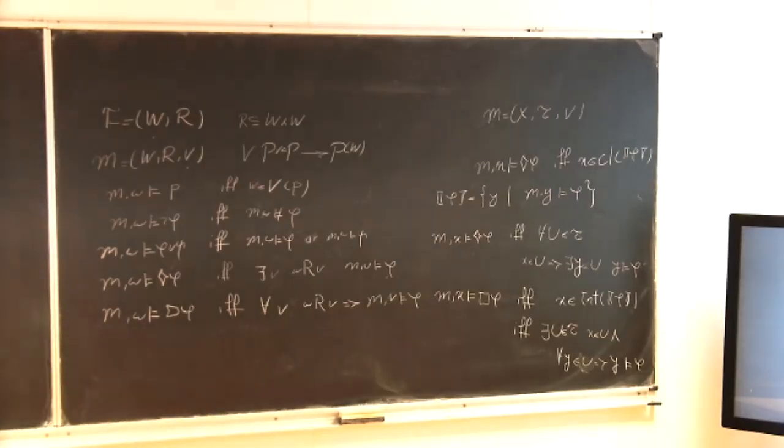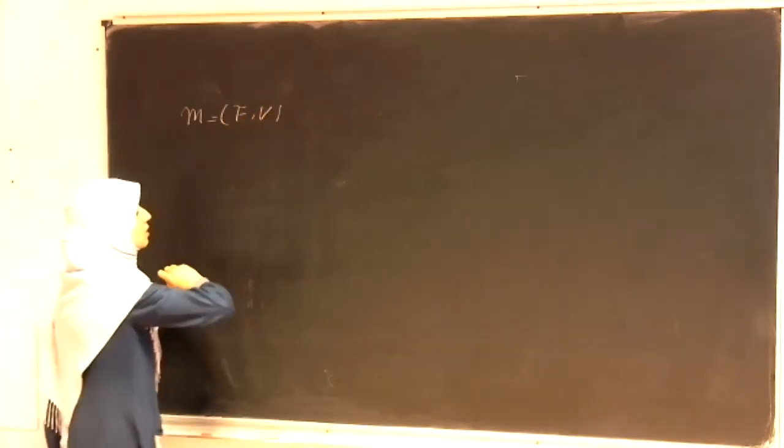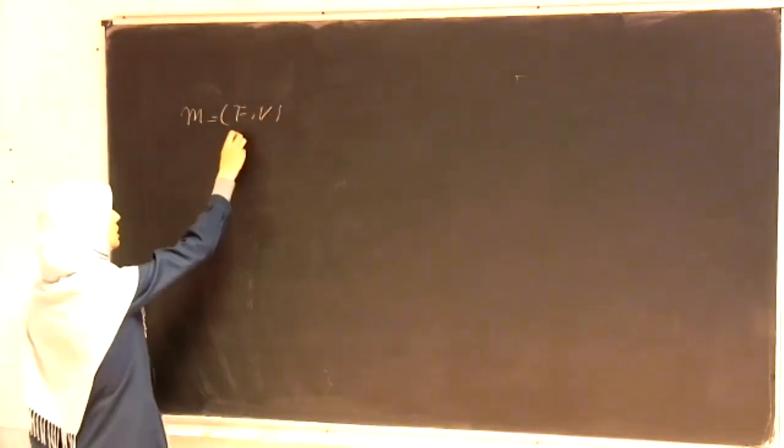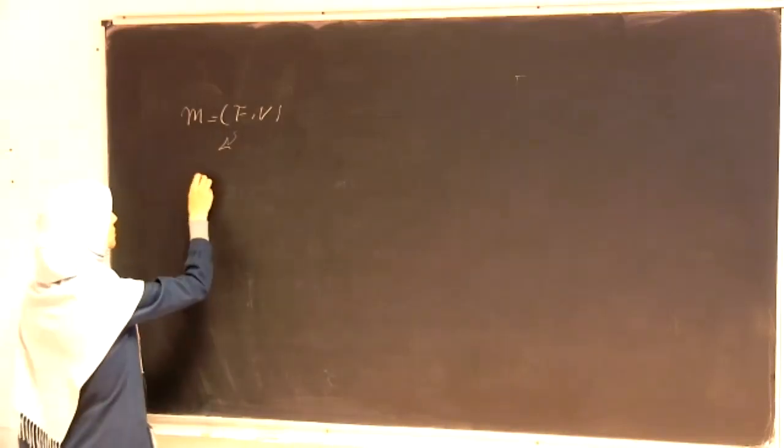Also, we saw that for any Kripke frame or Kripke model M, we can see F as a topological space.